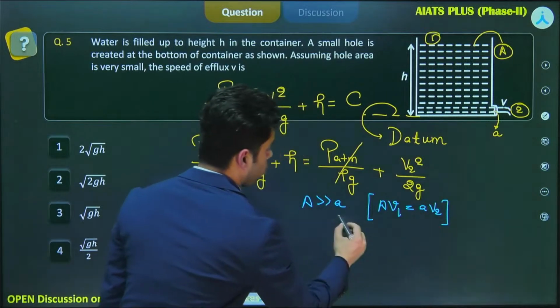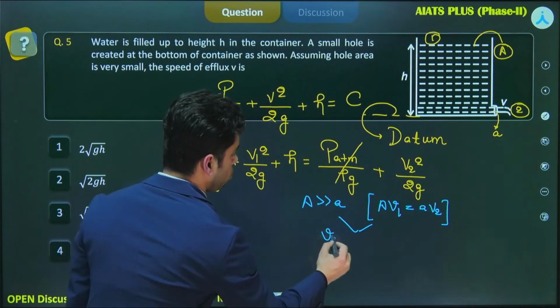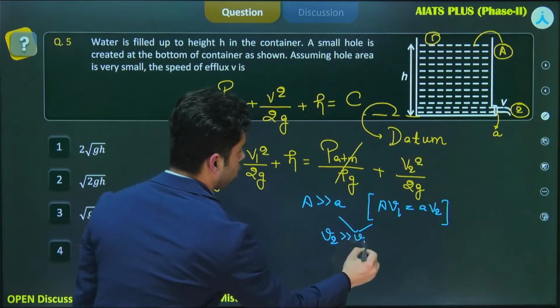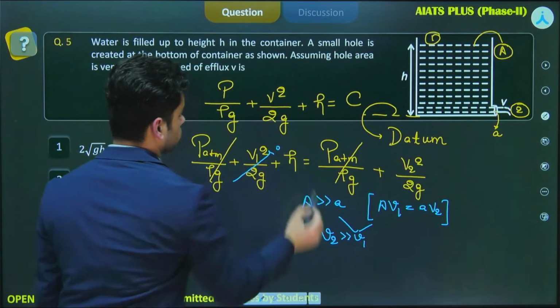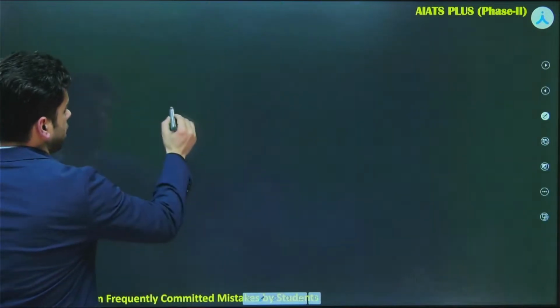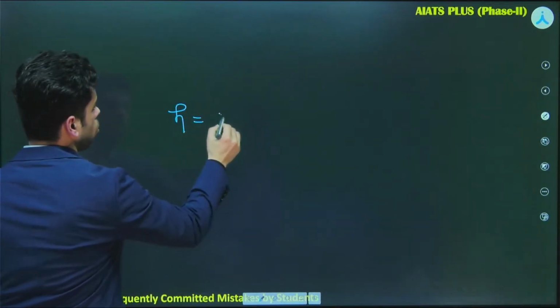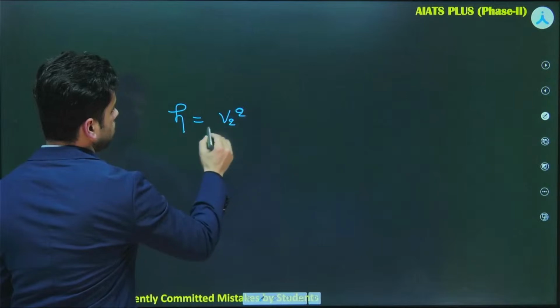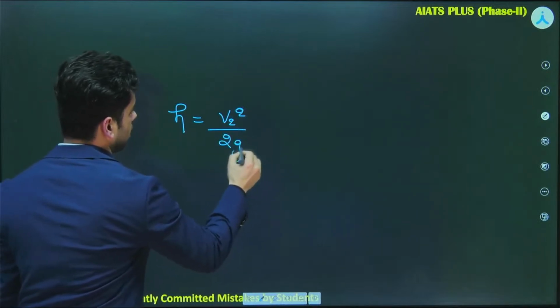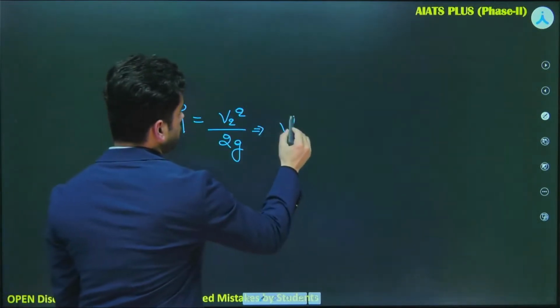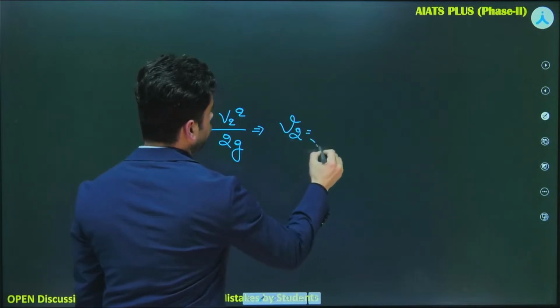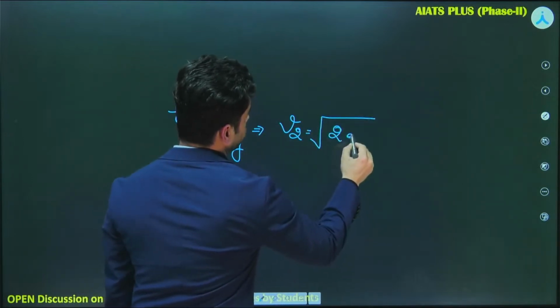So based upon these two, I can write that V2 is much greater than V1, so we'll ignore V1. Based upon this, h is equal to V2 square by 2g, or from here V2 is equal to the square root of 2gh.